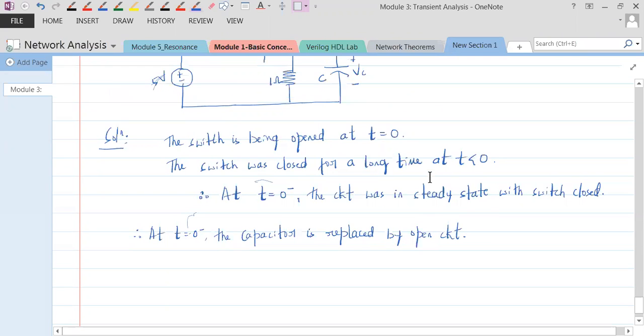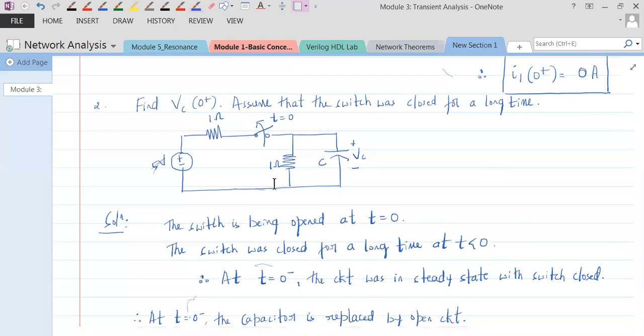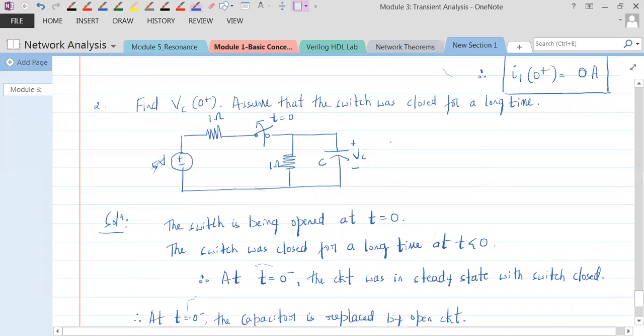So therefore circuit becomes what? Therefore at t equal to 0 minus, the circuit becomes what? So let's write that here. At t equal to 0 minus, the switch was closed, mind you. At t equal to 0 minus, I'm writing plus minus 5 volts, and this switch was closed.